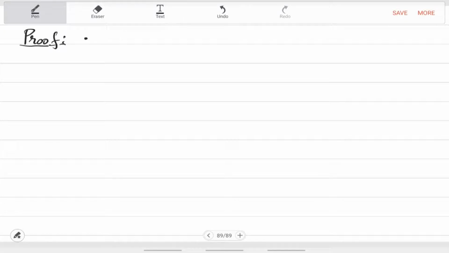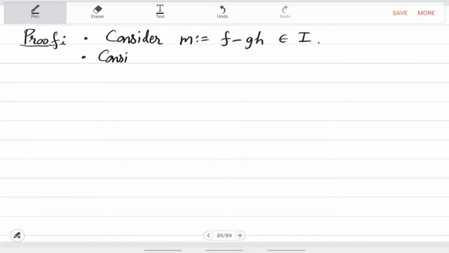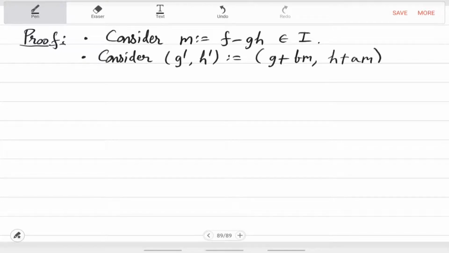So consider m to be f minus gh, which is an element in the ideal. And for that you define g prime, h prime as follows: g plus bm and h plus am.